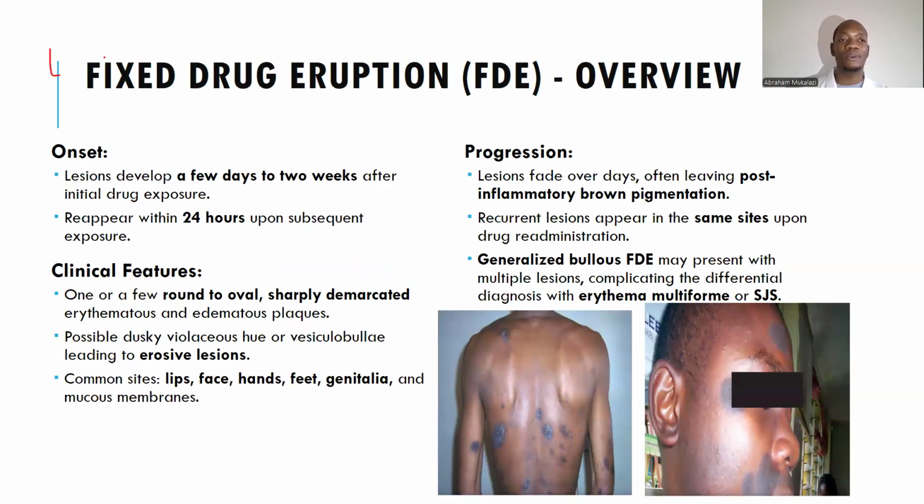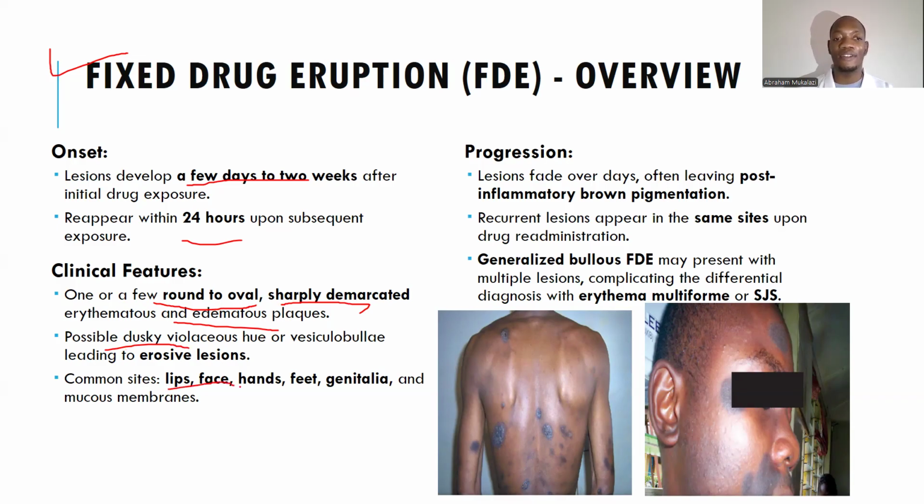Then we go to the next one, what we call the fixed drug eruption. This is part of the bullous drug reactions. In this case, you've seen it having an onset of about a few days to weeks after the drug has been initiated, and it will appear within 24 hours upon subsequent exposure. So someone will present clinically with round to oval, sharply demarcated edematous plaques, sometimes having blisters, with a dark center, or even vesicular presentation, or even erosions.